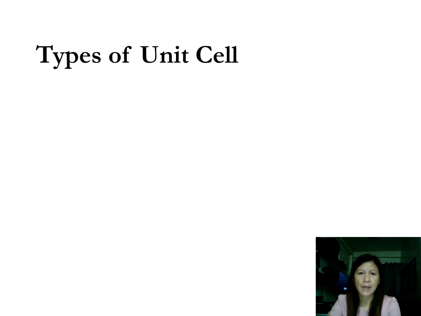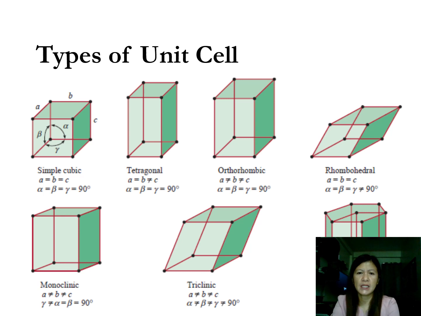We have different types of unit cell. So you will see here the different types of unit cells, starting with the simple cubic cell. Notice the measures of the edges or sides A, B, C, which are the same in simple cubic cell. We also have similar angles for alpha, beta, and gamma at 90 degrees.